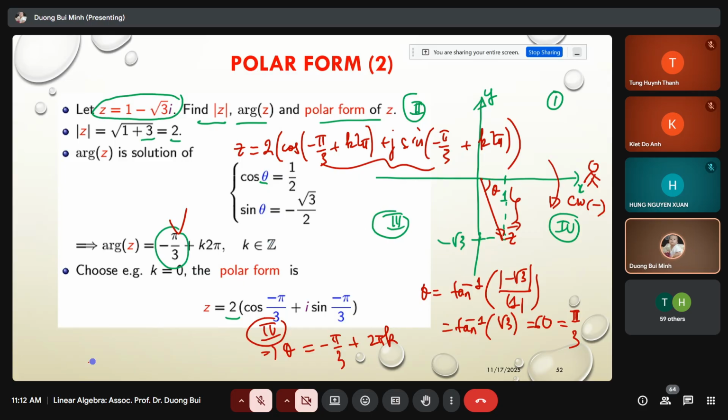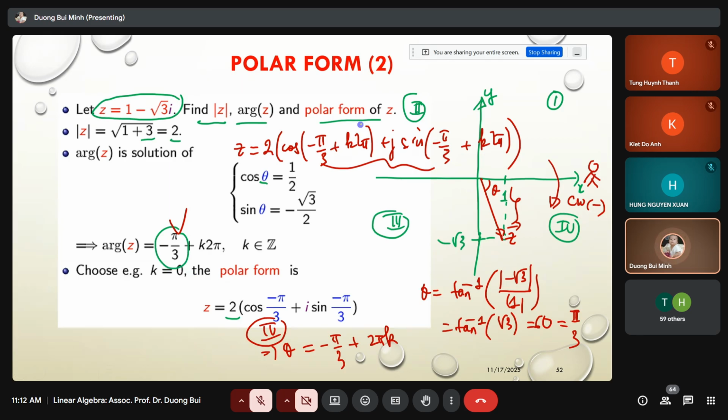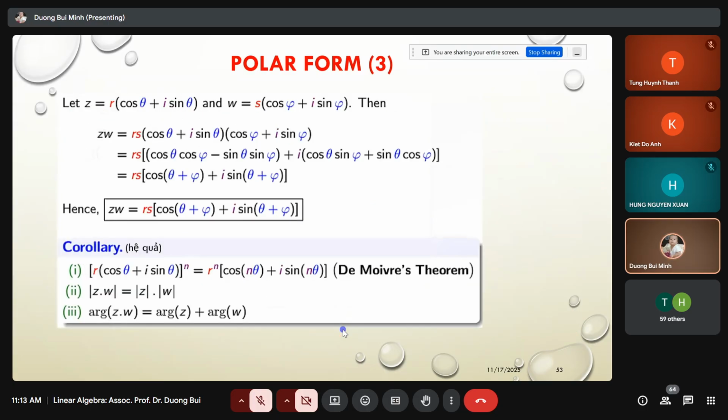Of course, you can delete the 2 pi k, and then you get a simpler polar form: 2 times cosine minus pi over 3 plus j sine minus pi over 3. Yes, this is simple. Any questions so far? Okay, next.